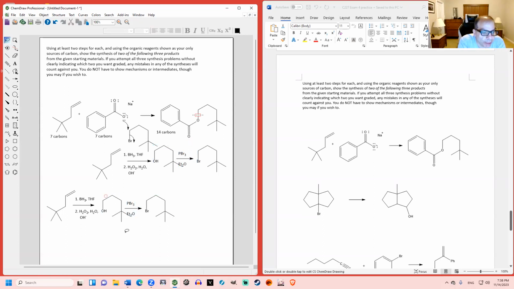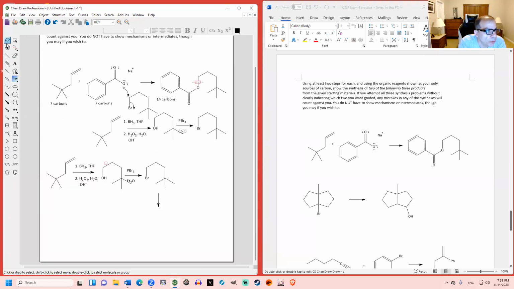We treat the alcohol with phosphorus tribromide. That gives the bromide. And then we treat the bromide with the benzoate ion, which we're given. And that gives us the product. That's one way to write the answer.